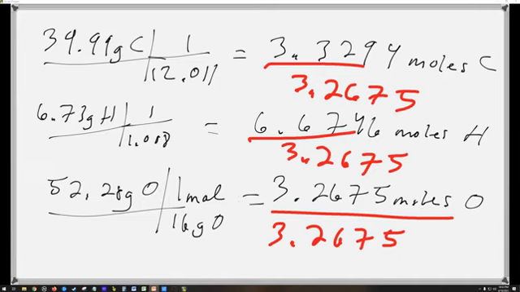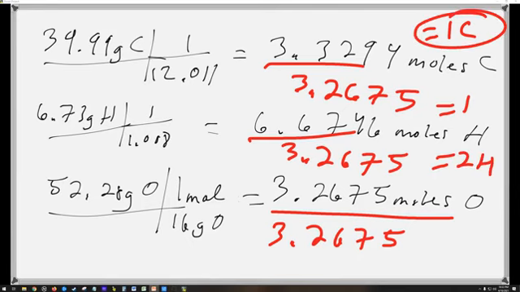3.3294 divided by 3.2675. That gives me 1 carbon. 6.6746 divided by 3.2675. That looks like, whoa, hold on. 6.6746 divided by 3.2675. 2 hydrogens. So 1 carbon, 2 hydrogens, and this is 1 oxygen.